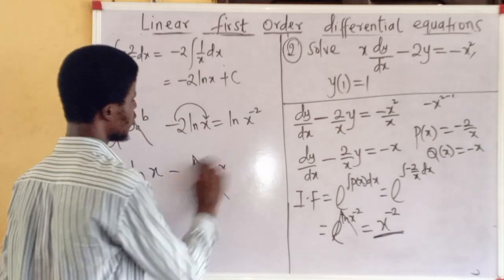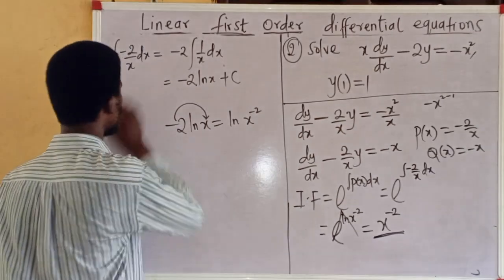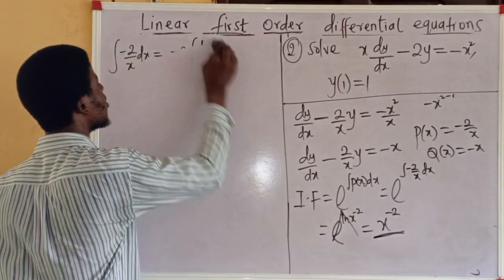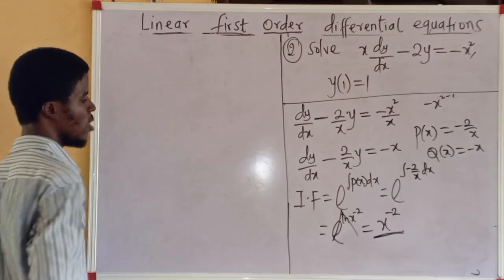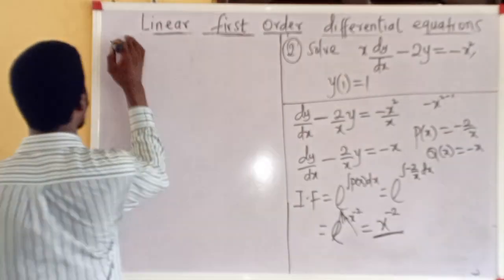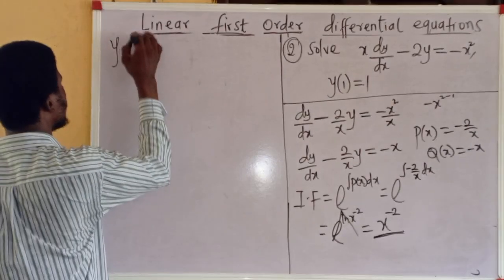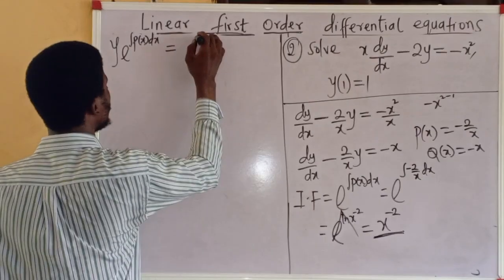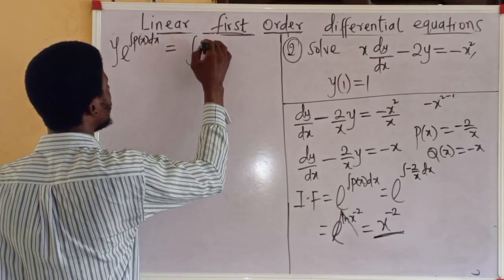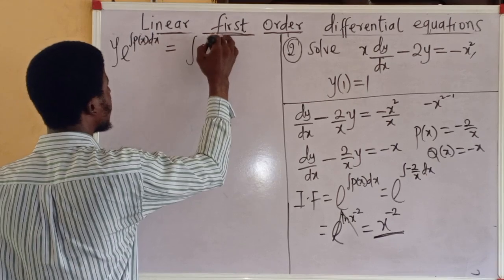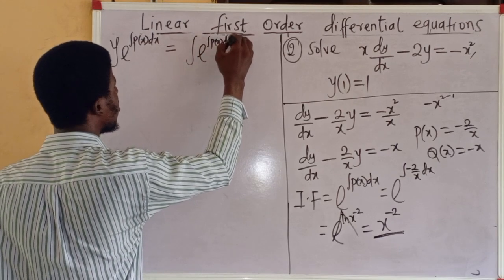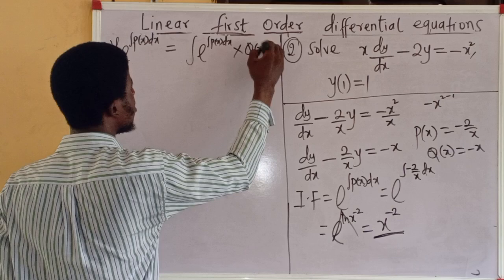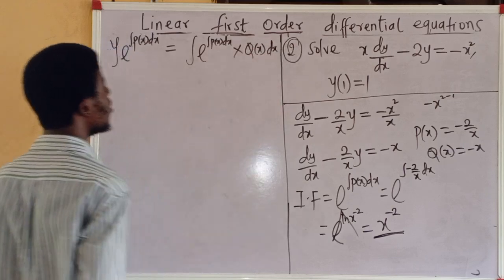The next step is to substitute that integrating factor into the equation that I've written before, and I'm going to write it again. Y times integrating factor is equal to the integral of the integrating factor times q of x dx.